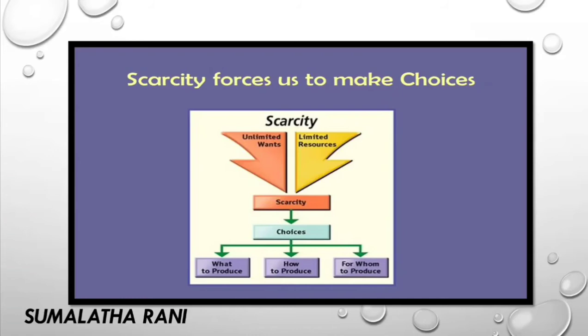This is both at micro and macro levels. In this context, economics tries to provide answers to the following questions: what to produce, how to produce, and for whom to produce.